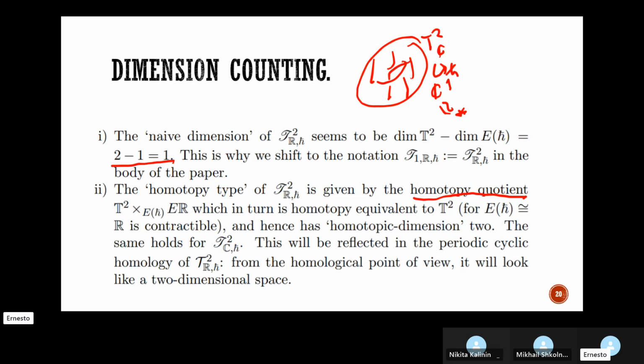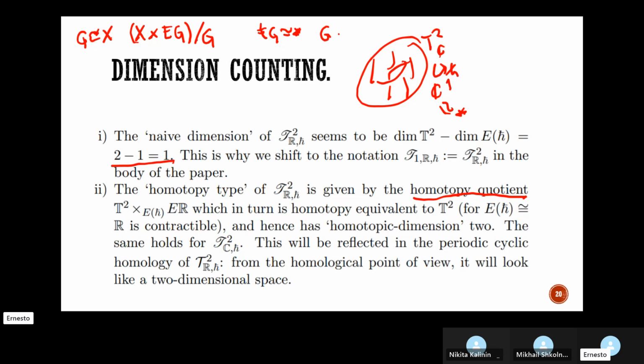Well, I take the homotopy quotient of the action of a group on a space, the Borel construction or homotopy quotient is by definition not just X mod G, it's X cross EG, where EG is contractible, so that homotopically does nothing, but it frees up the action.